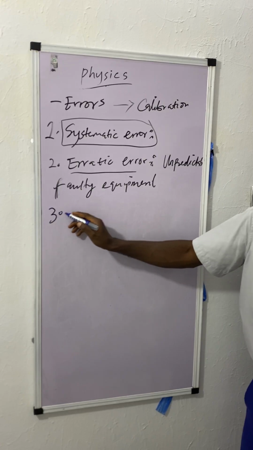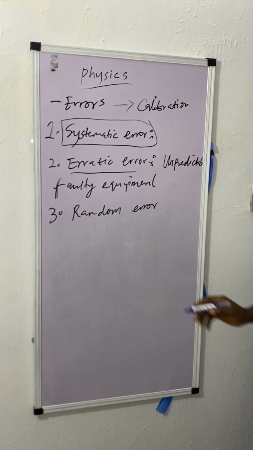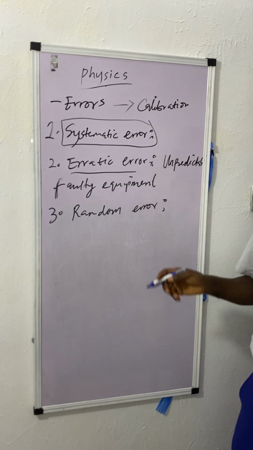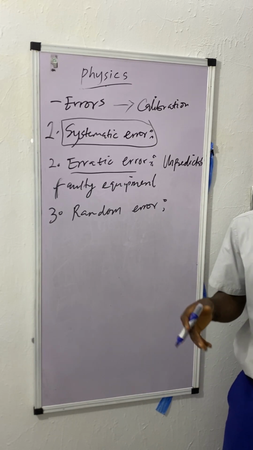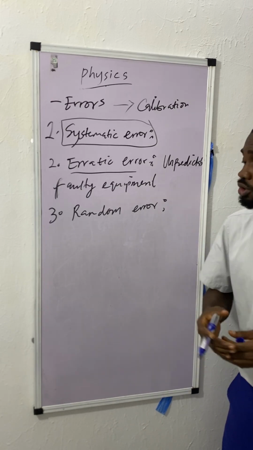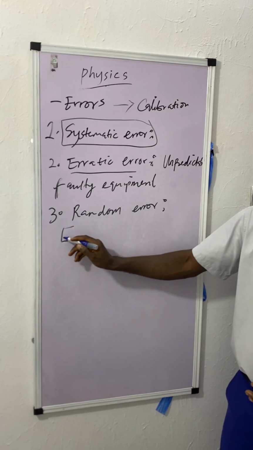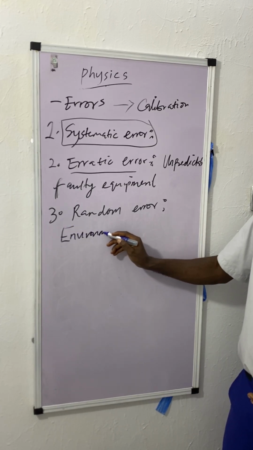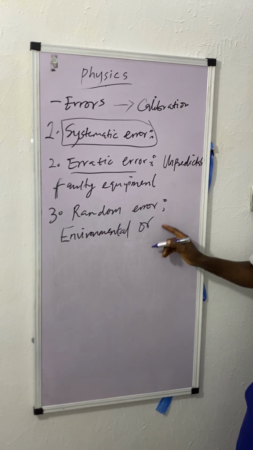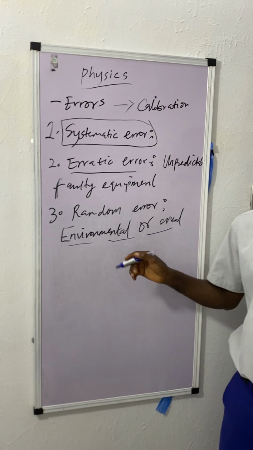Then number 3, let's look at random error. All right, random error is from something random. Maybe you are measuring and you see air resistance. Air resistance puts some abnormalities in your measurements. For example, environmental objects or events interfering with measurement.